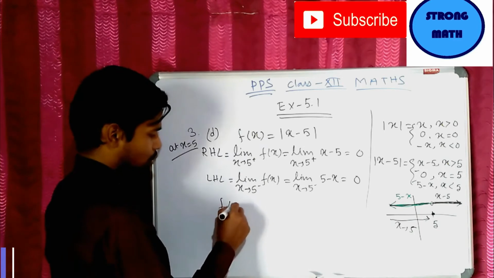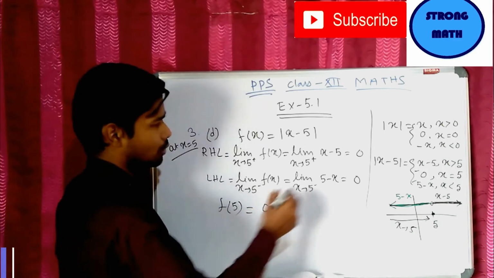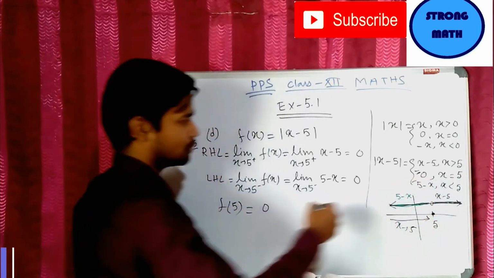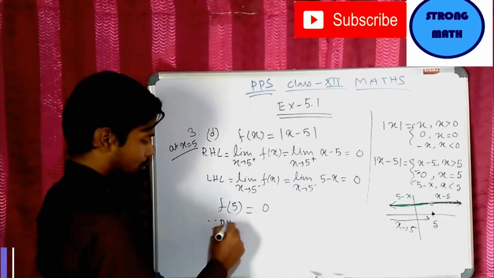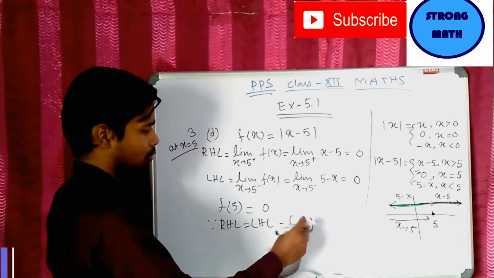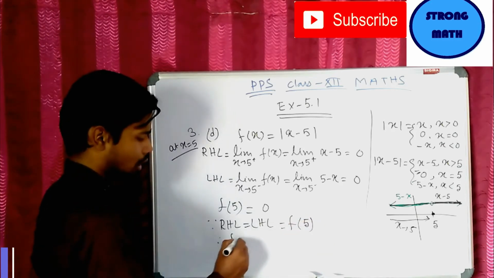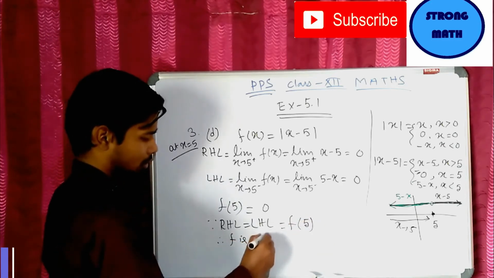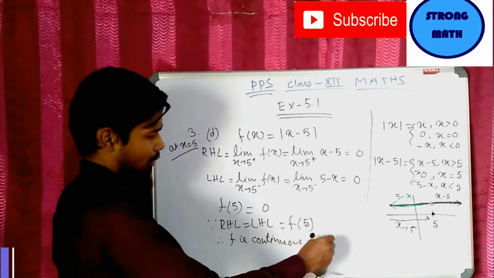And we have to find the functional value f of 5. F of 5 is 0. Look, at x equals 5 the function is 0. Since right hand limit equals left hand limit equals the functional value at the point 5, therefore f is continuous at 5.